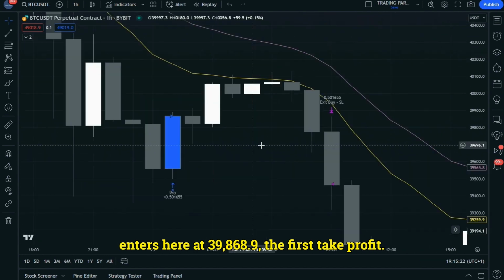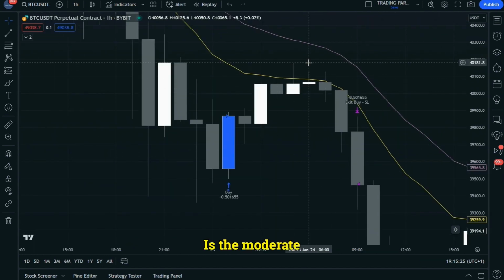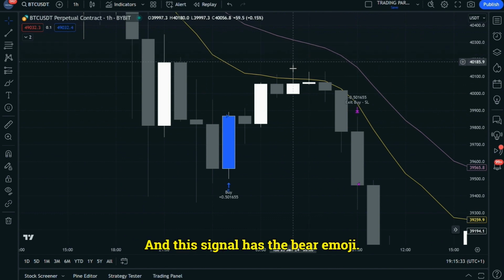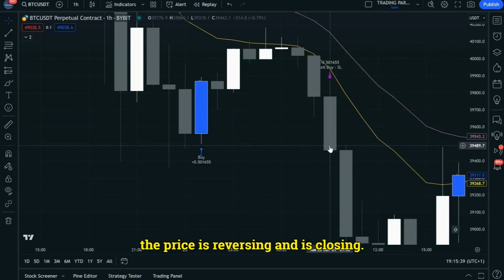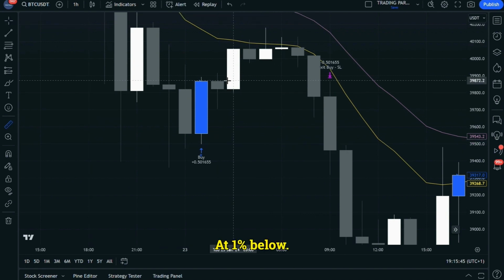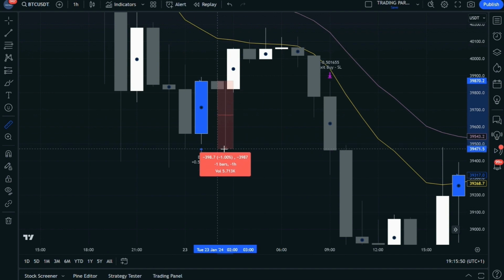The first take profit is the moderate signal, and this signal has the bear emoji. Here we don't see any bear emoji, so it means that the price is reversing and is closing at 1% below our entry.